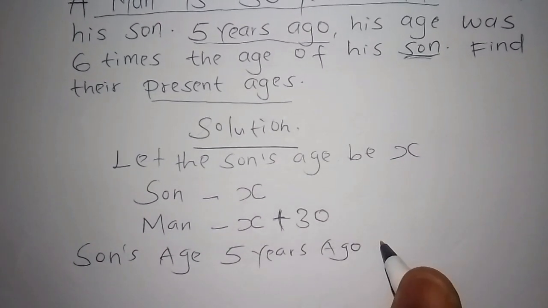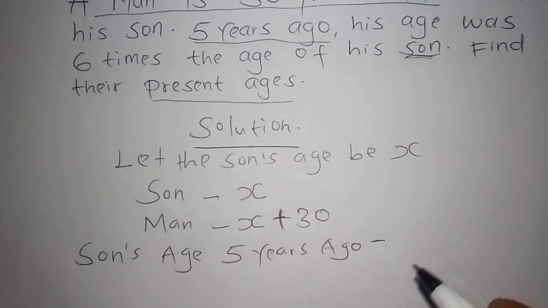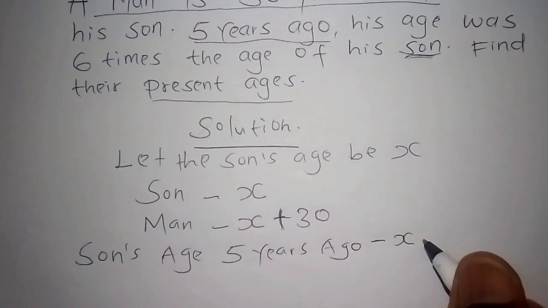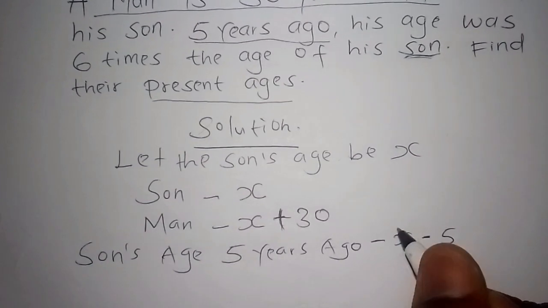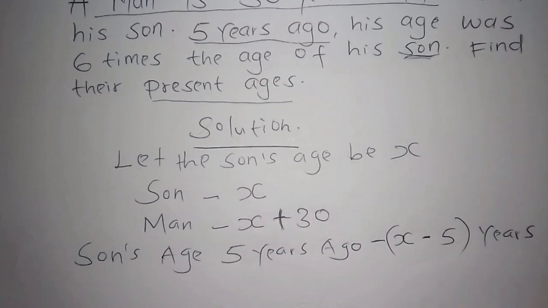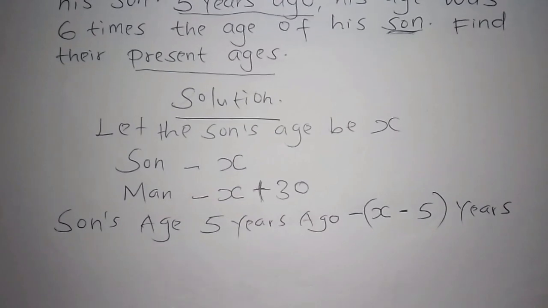Now the son is x years, so 5 years ago the son was x minus 5 years. That was the age of the son 5 years ago.